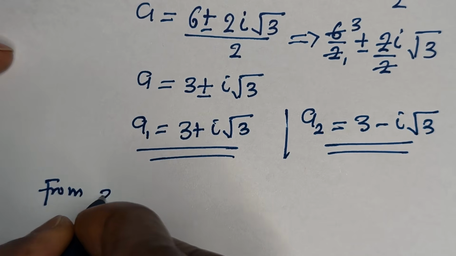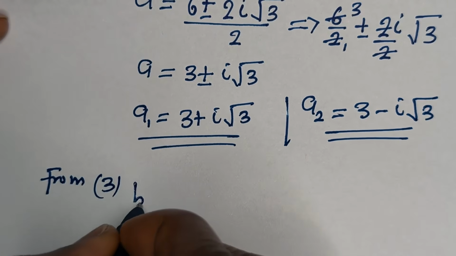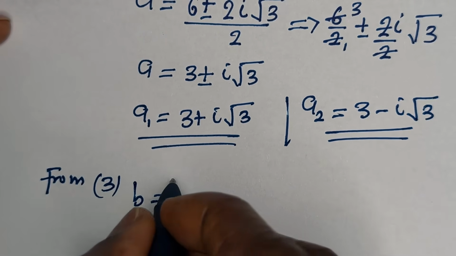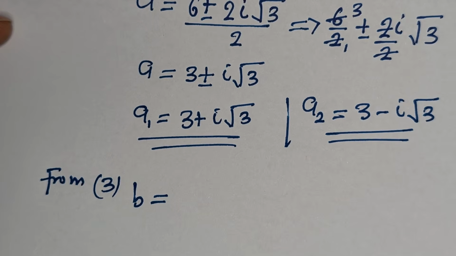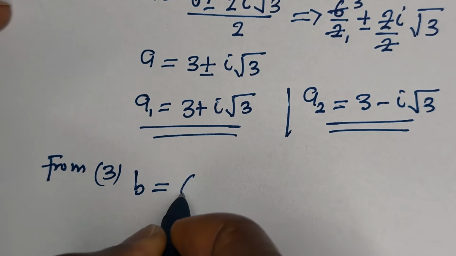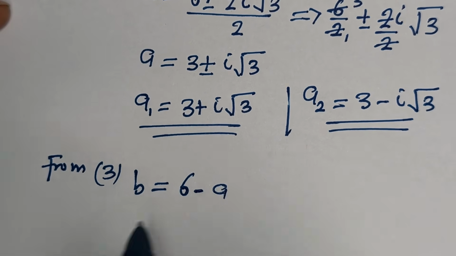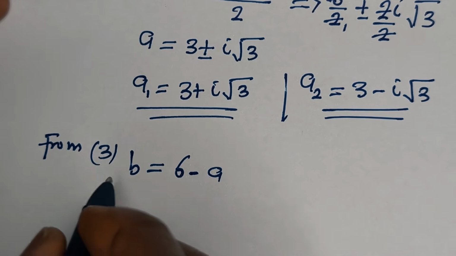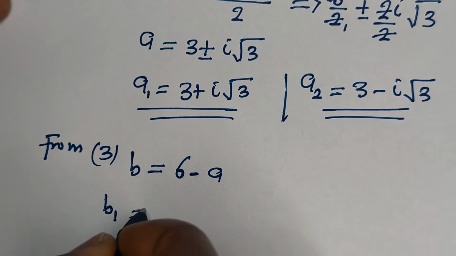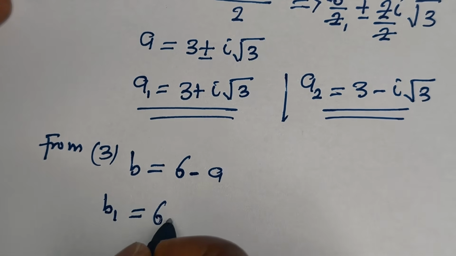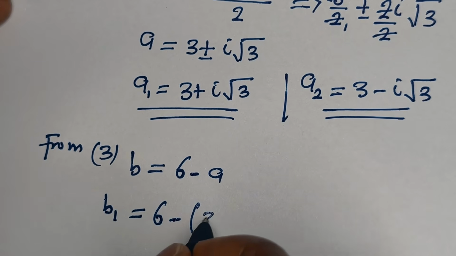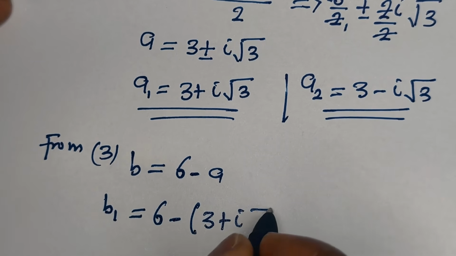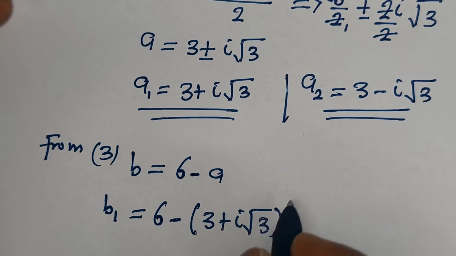To solve for B, from equation 3, B is equal to 6 minus A. Then B1 is equal to 6 minus A1, which is 3 plus I square root of 3.